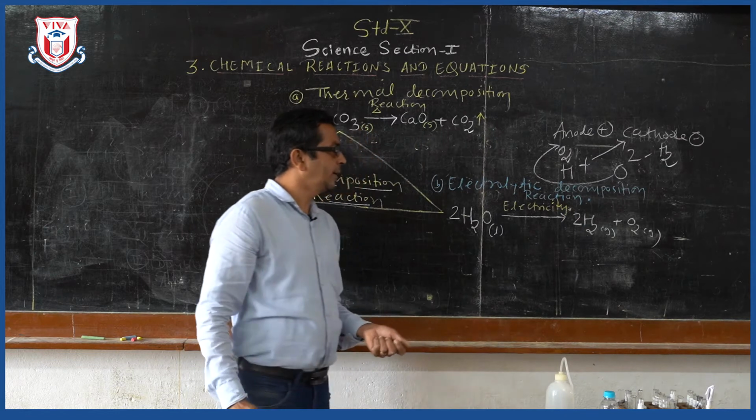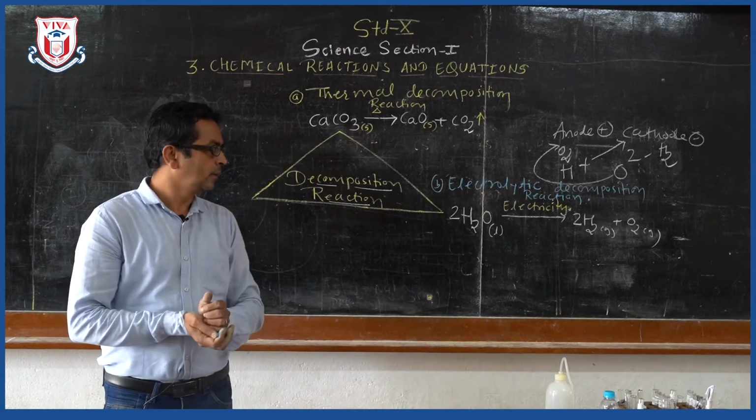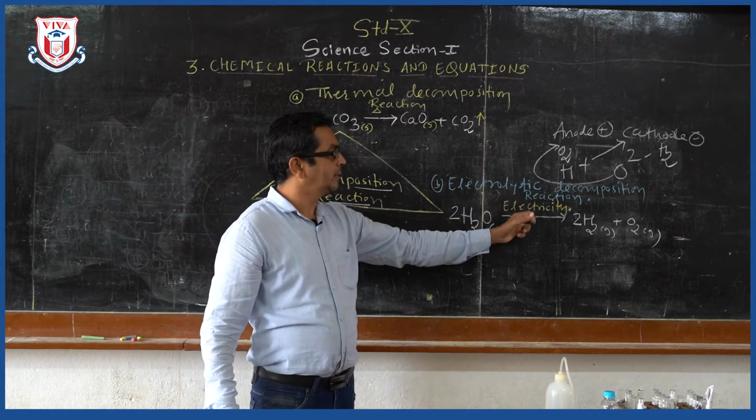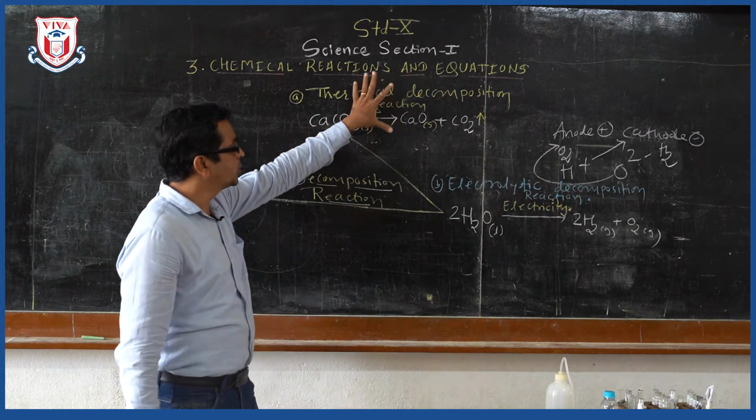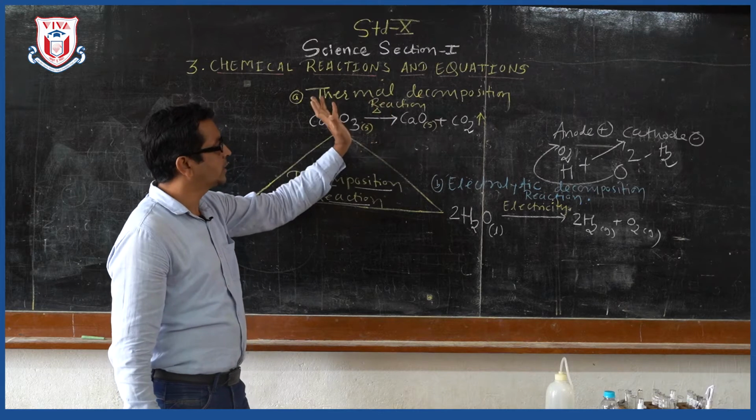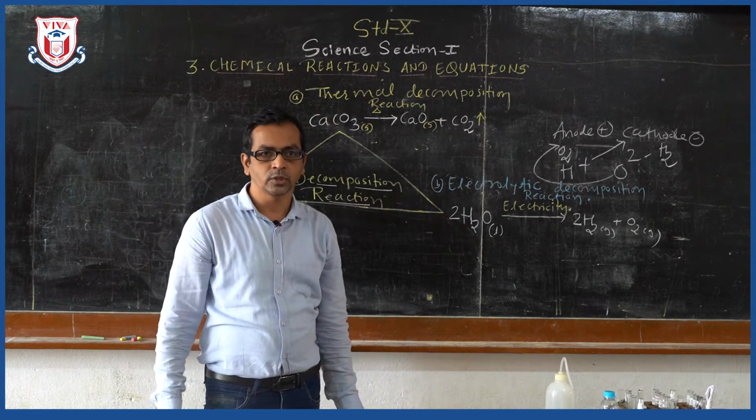Understood what is meant by electrolytic decomposition? Here we supply electricity, that's why it is an electrolytic decomposition reaction. In the first case we supplied heat, so that's why it is called a thermal decomposition reaction.